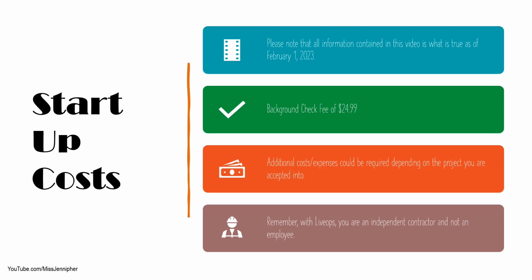Now, once you have selected a project to work on and you've moved forward with that project and they've accepted you into that project, you may have some additional cost or expenses just depending on what you have available. Now, some projects might require, for example, you have dual monitors and those monitors have to be 22 inches or 20 inches, whatever the criteria is.